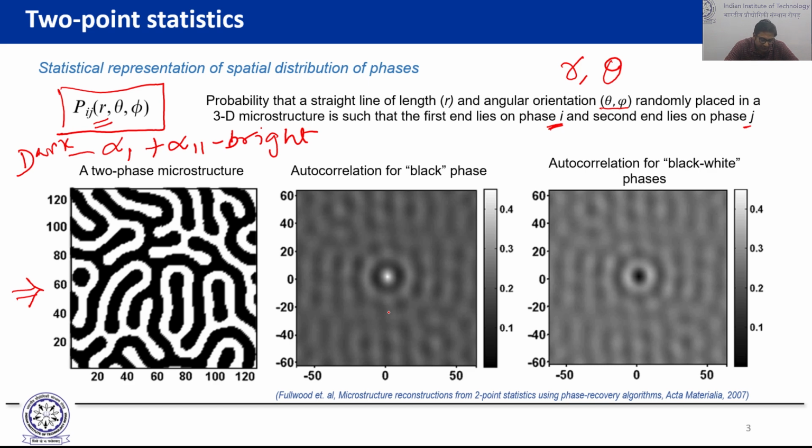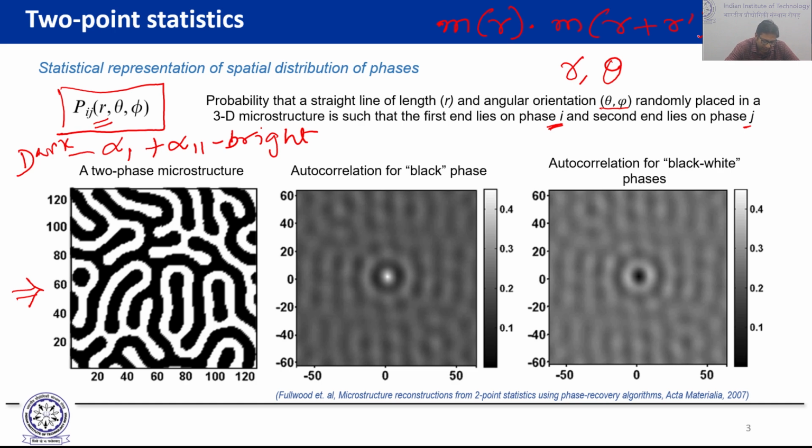Once we have the starting microstructure, then one can look into the 2-point statistics and start plotting out the autocorrelation functions for the black phase, the autocorrelation function for the black and white phase, and so on. So when I say autocorrelation function of the black phase, essentially what I'm saying is, I am trying to look at the microstructure function at a location r, and then I'm going to take the product of when this goes to, let's say, r plus r prime.